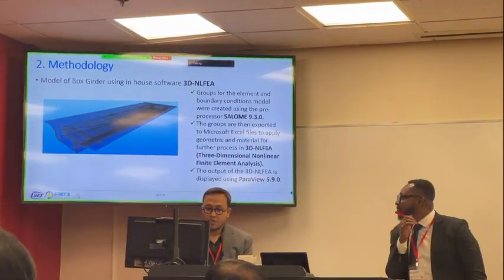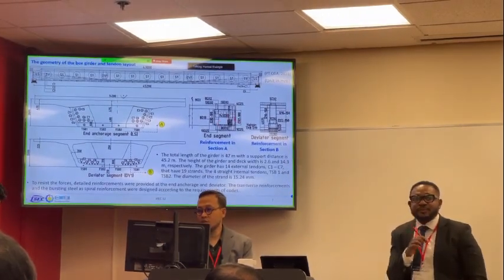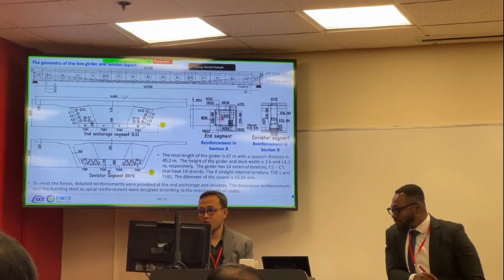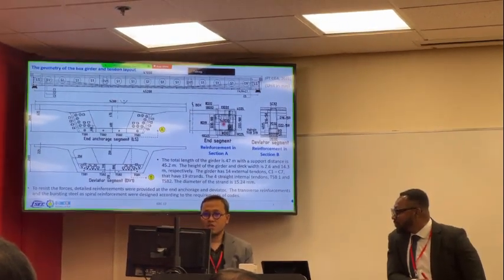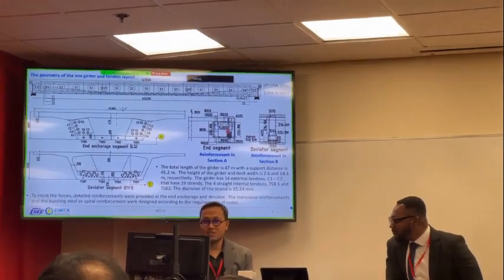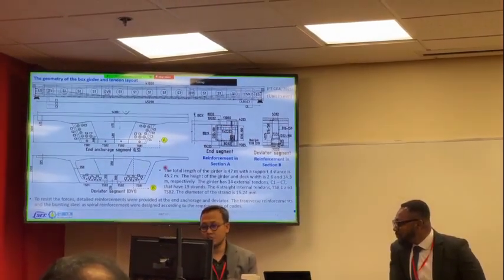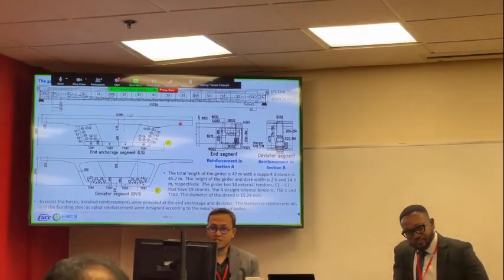Okay. Why we use just 40 MPa is because the reinforcement detail in this segment is so congested. So we need more flowable concrete, and the strength is adequate for the structure. For the second question, can you repeat?